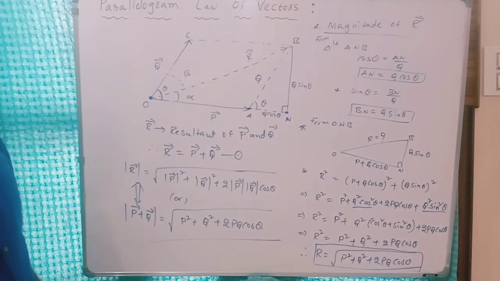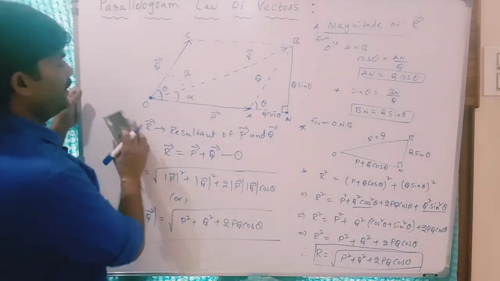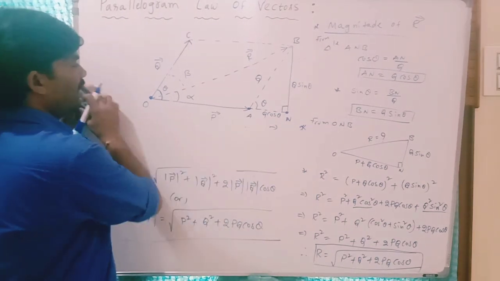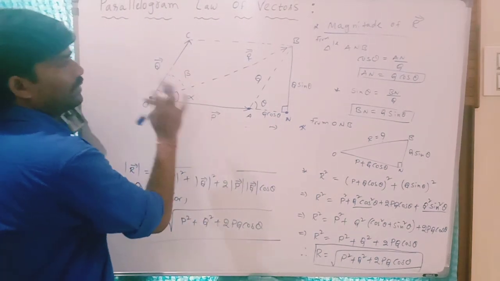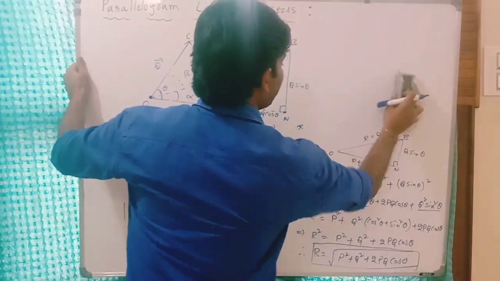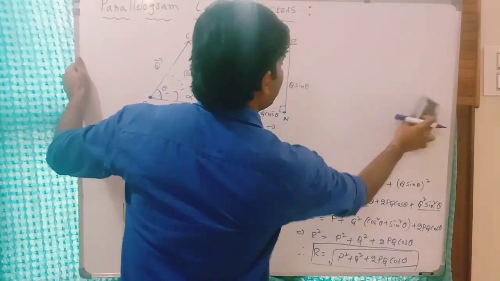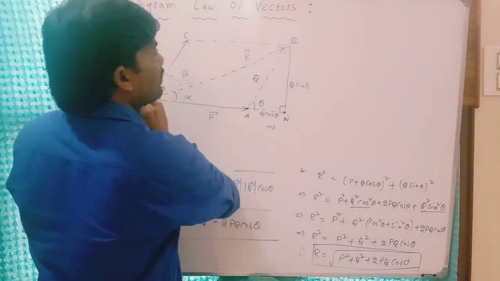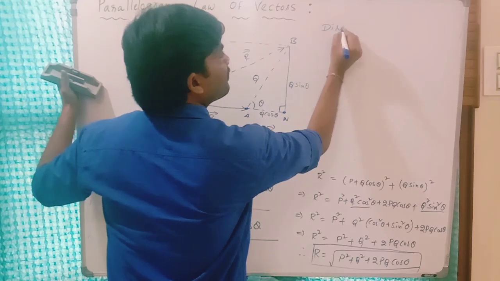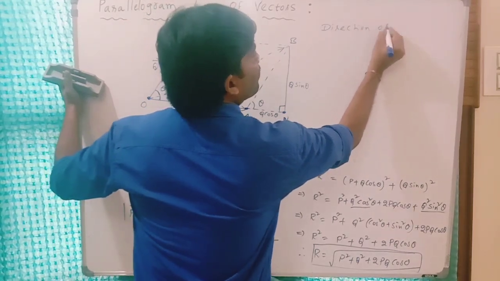Now for the direction of this resultant, that is given by either alpha or beta. So I'll write this direction here. Look at this carefully. Direction of R vector.